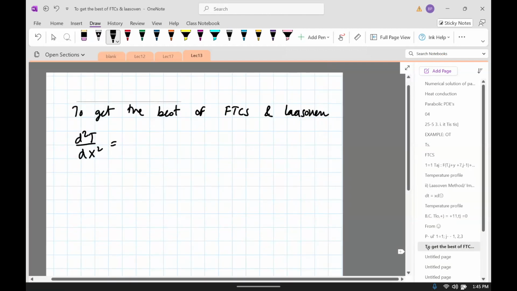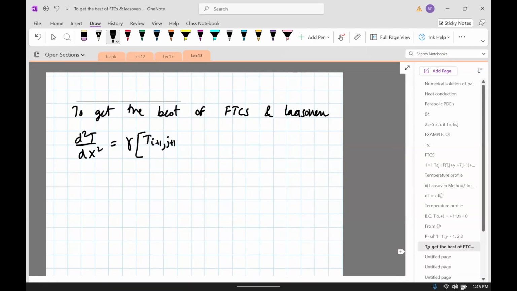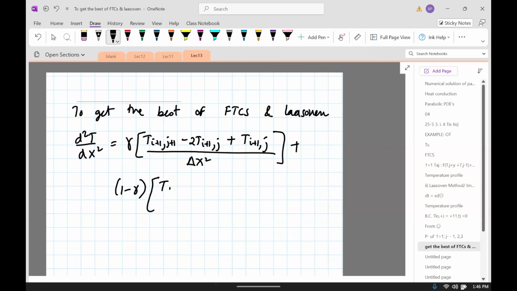So what this one does is it approximates the second derivative as follows: plus T i plus 1, j divided by delta x squared. So that is the fully implicit term, the first one. But remember, there's a gamma in front of that. And then you do plus 1 minus gamma times T i, j plus 1.